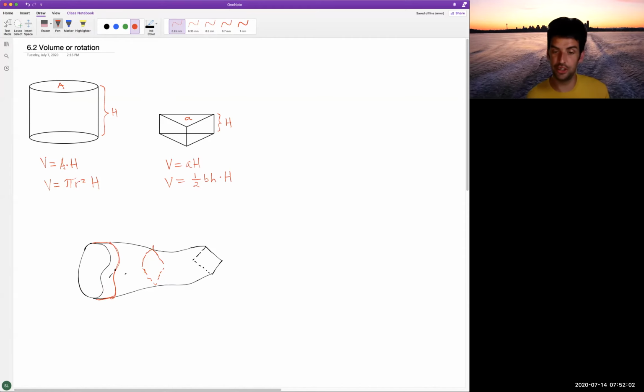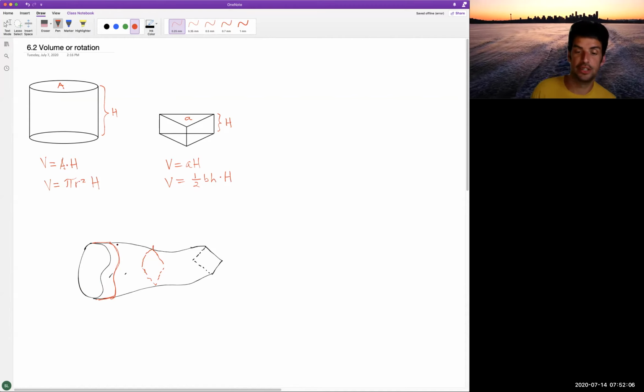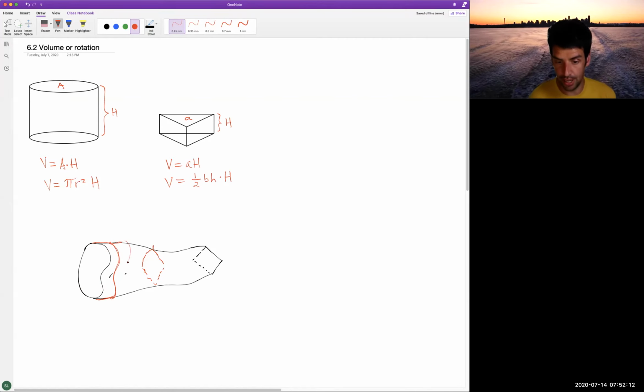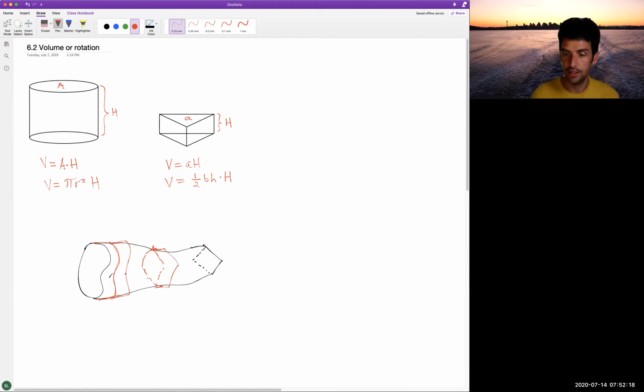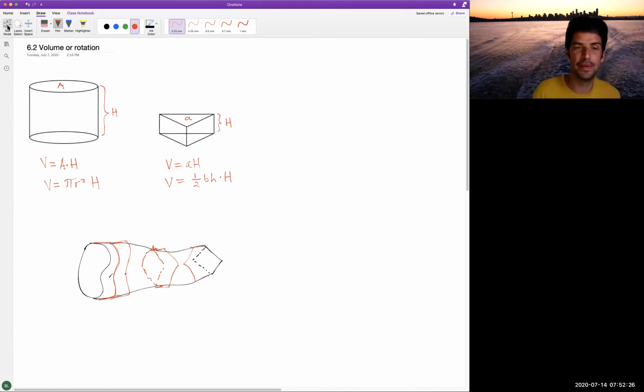The shape is actually changing a little bit, but I'm pretending it's perfectly cylindrical for this first interval. And then I go to the next place and I do that again. It's got some different shape, right? If I can make a cylinder out of this shape in the middle. There's cylinders over here that are different shapes. And so each of these cylinders approximates the volume of the shape near it.